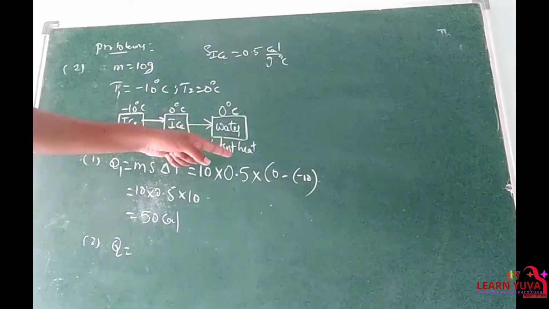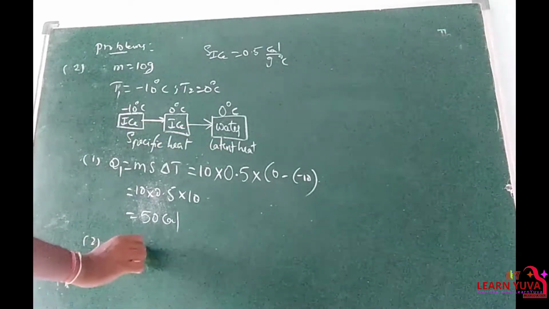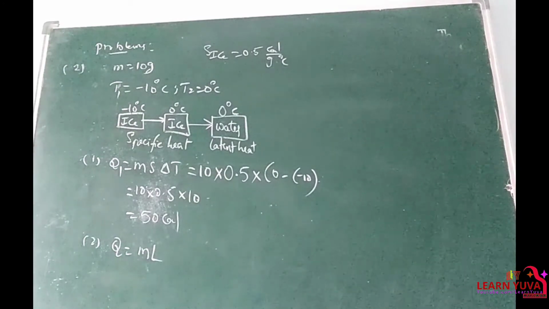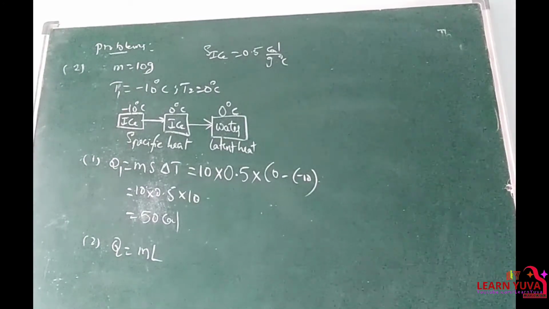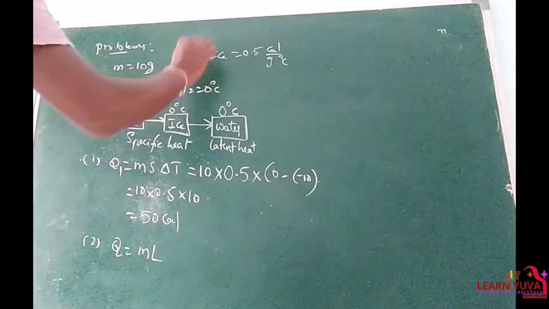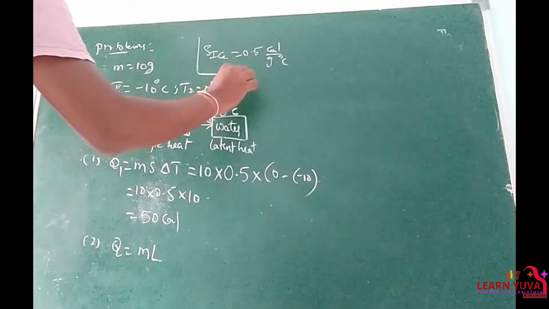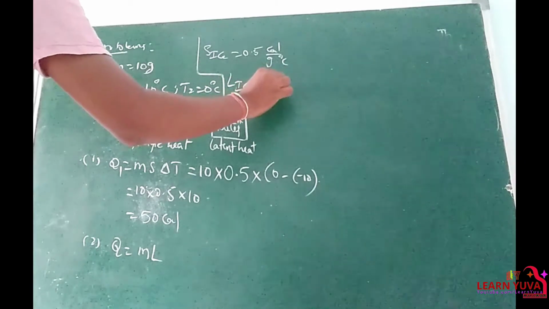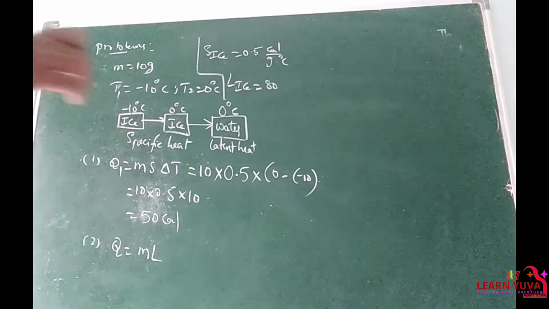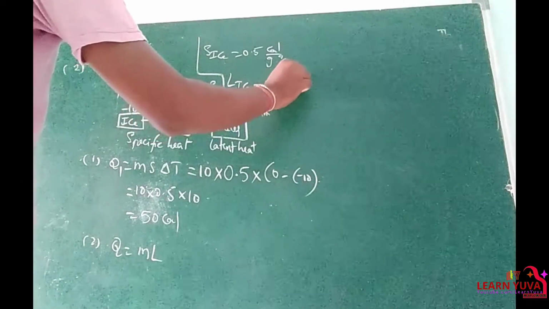Now, Q2 is the change of state. So how much energy is required? Q is equal to ML, latent heat. Clear? The latent heat of fusion of ice, L ice is equal to 80 calories per gram.